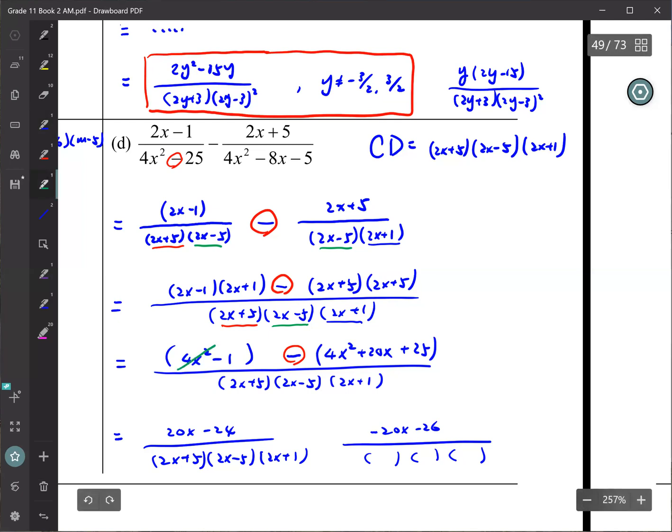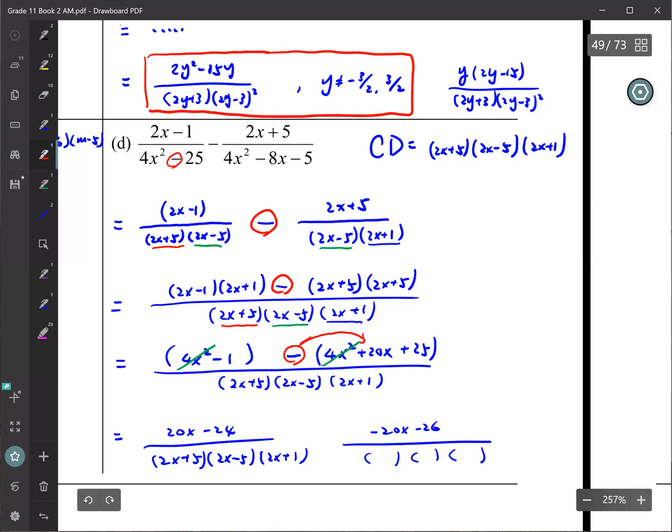4x squared subtract 4x squared, so it's gone. Okay, -1 from the first bracket, -1 subtract 25, that's why it makes -26. And then the 20x, because of the subtraction here, it will go in, right?